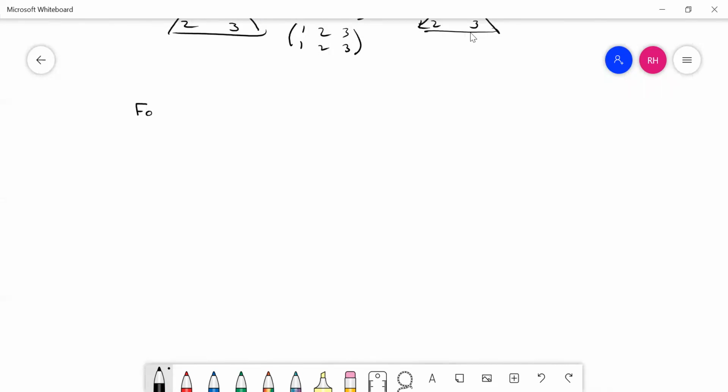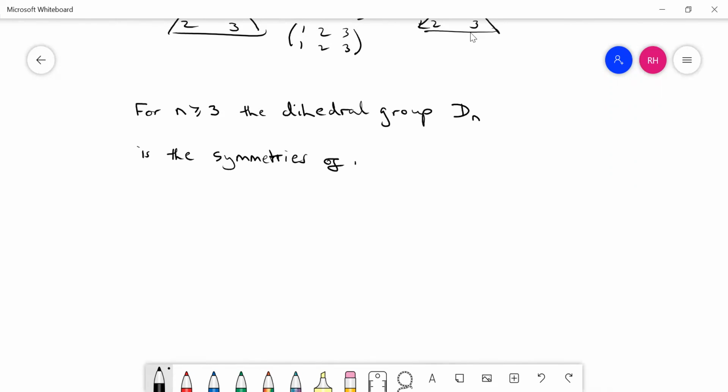For n greater than or equal to 3, the dihedral group, we call it Dn, is the symmetries of the n-sided, or regular n-sided, polygon.